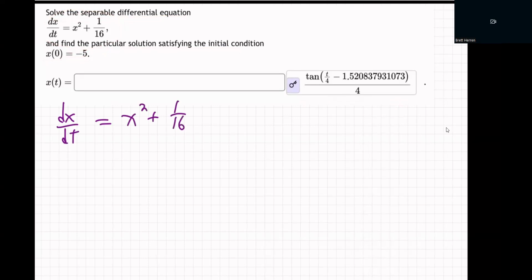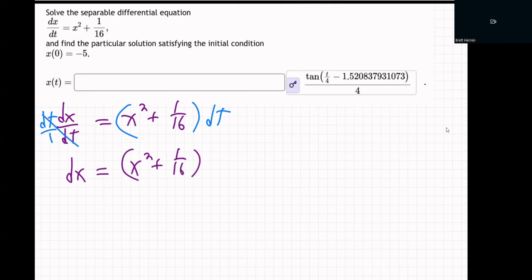And let's multiply both sides by dt over 1. These will cancel, and we'll get dx equals x squared plus 1/16 dt.